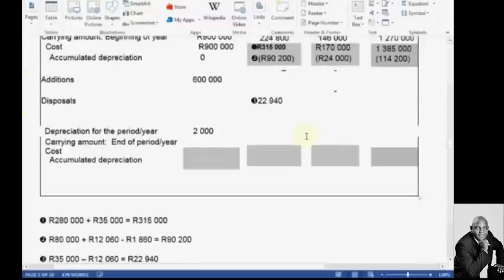Workings number 5. 21,860. Wonderful. And then we need to calculate the depreciation for that.